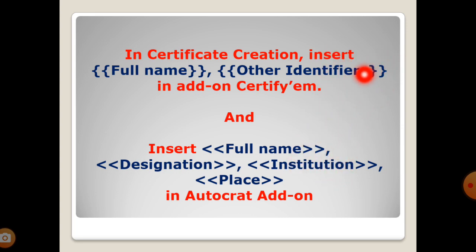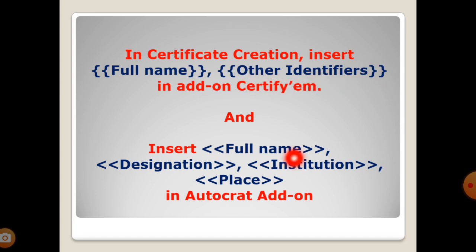You can use the left brace and right brace in between the full name and other identifiers only. You cannot mention the designation, institution, place separately. Only the other identifiers go between the braces in the Certify'em add-on for certificate generation.